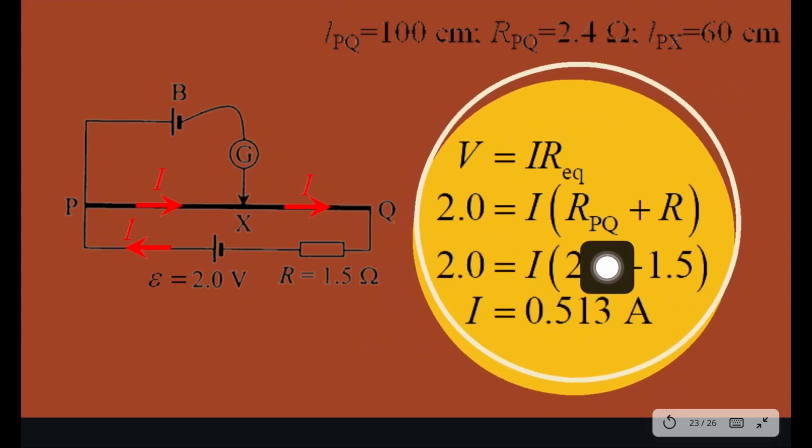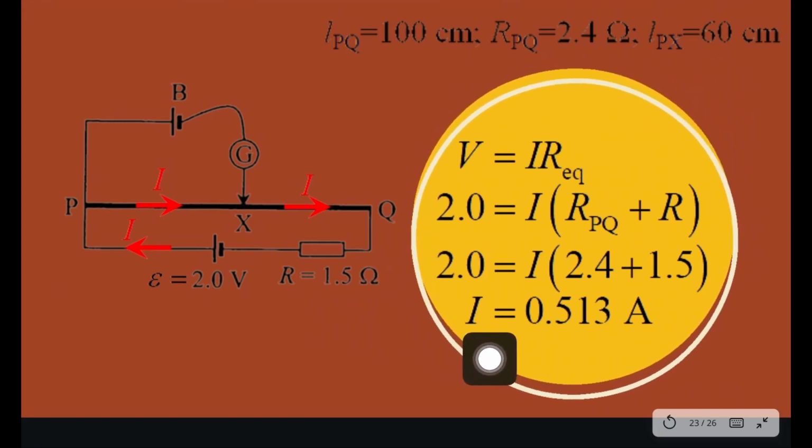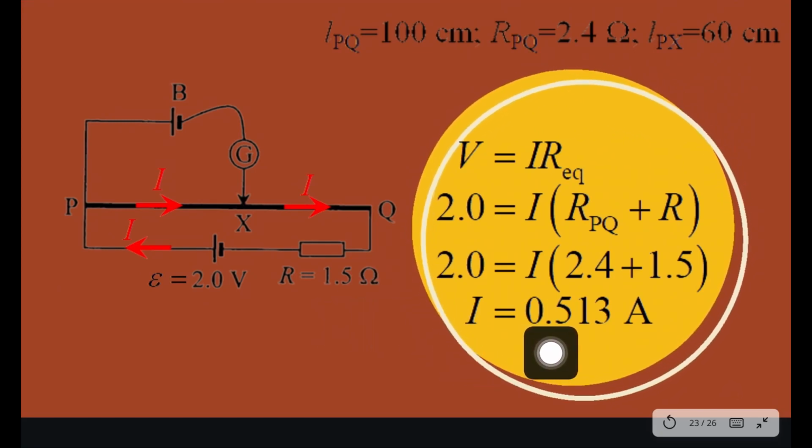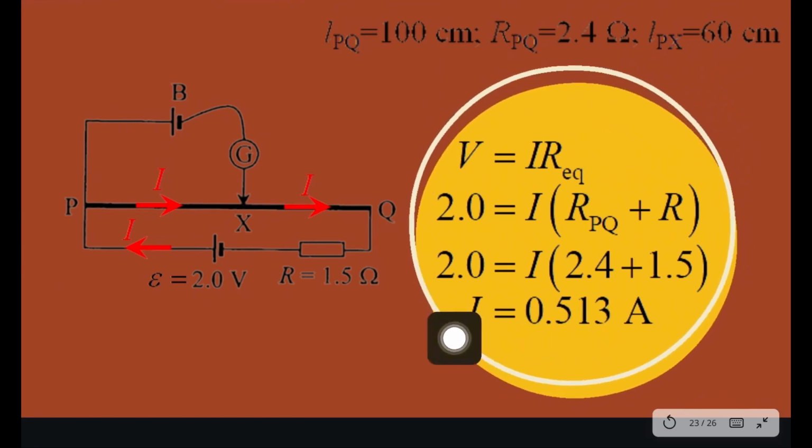By substituting the values, you will get that I equals to 0.513 ampere.